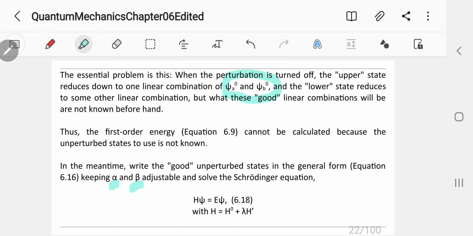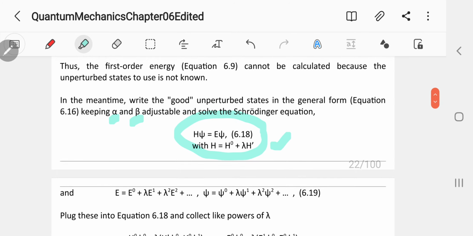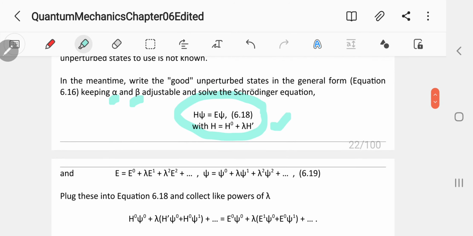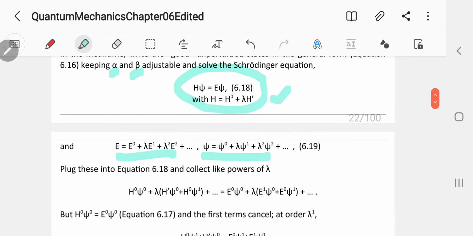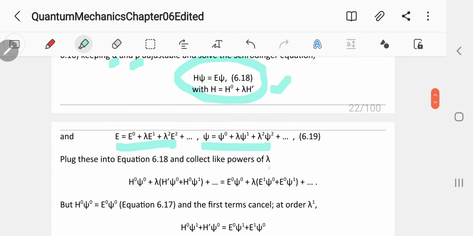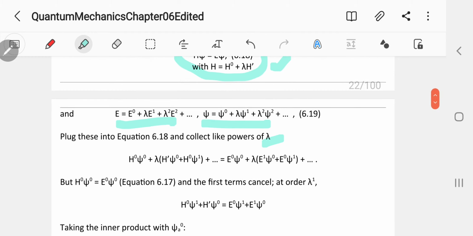So again, we consider the Schrödinger equation, where H here is the perturbed Hamiltonian, and of course you expand again the energy and the wave function, and then collect like powers of lambda, the same as what was done in the first order correction.